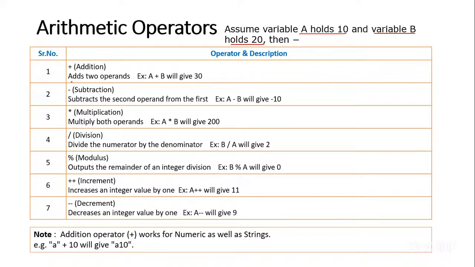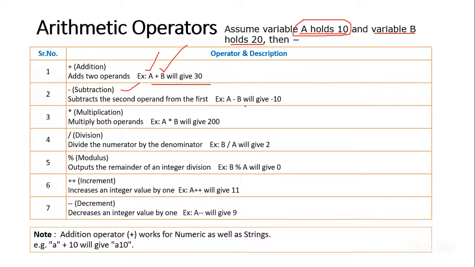Plus, addition, everyone knows it, very simple, that is used to add two numbers or three numbers. A plus B means 30, because A value is 10, B value is 20.